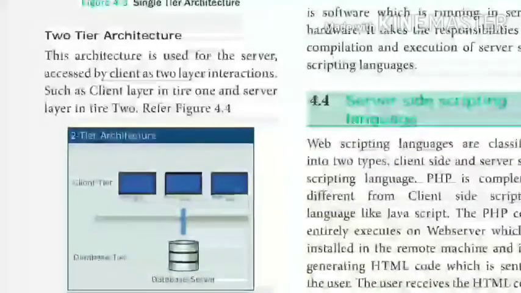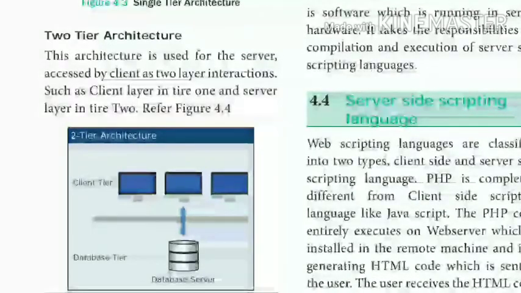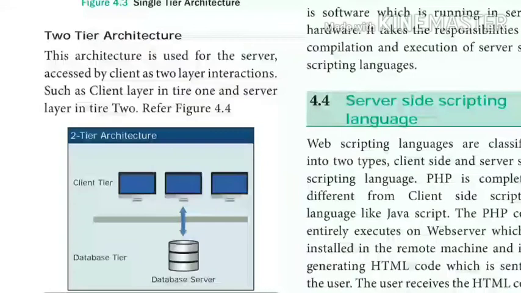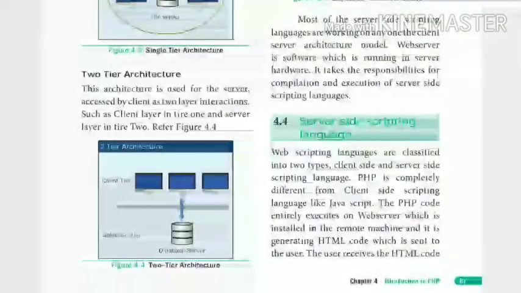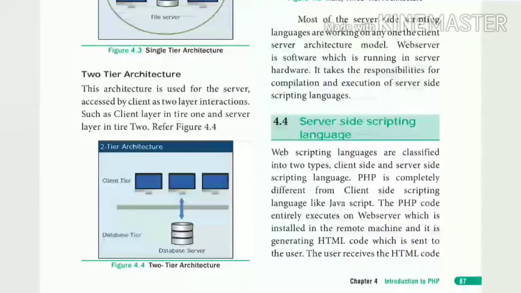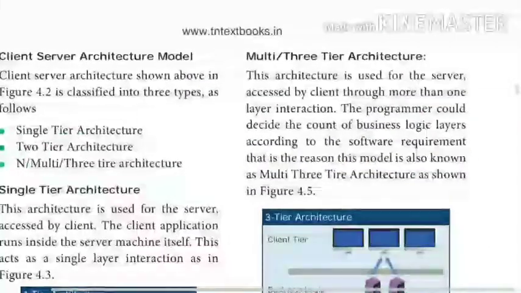This architecture is used for the server accessed by the client as a two layer interaction, such as the client layer in tier 1 and the server layer in tier 2. This means the client side will have some scripting and the server side will also have some scripting. So this is two tier.